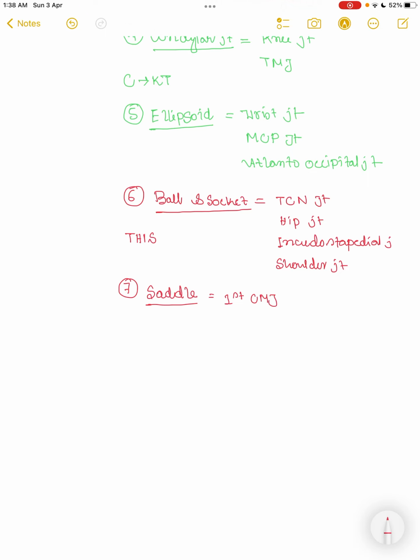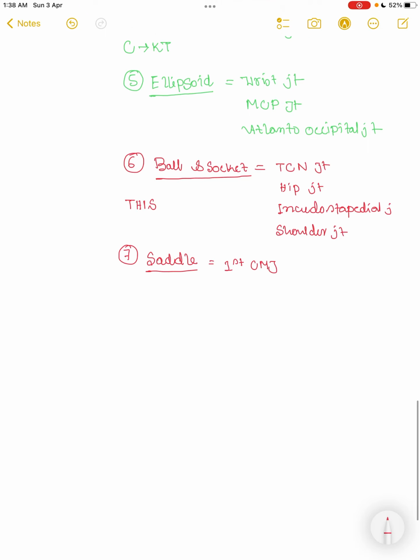Okay, next is the sternoclavicular joint, calcaneocuboid joint, patellofemoral joint. So this is all about the topic of types of joints. So thank you friends.